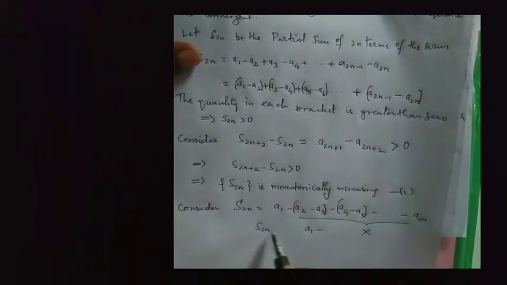This S of 2n value will definitely be less than a1, because each term in between the brackets is positive, and as it is positive with the negative, positive with the negative, this entire term will be, say, x. So S of 2n is equal to a1 minus x, which means S of 2n is less than a1.